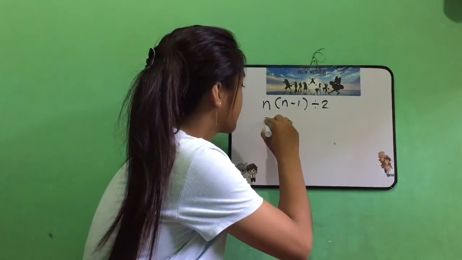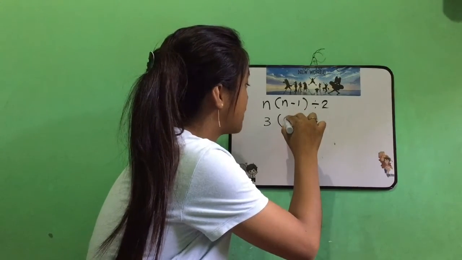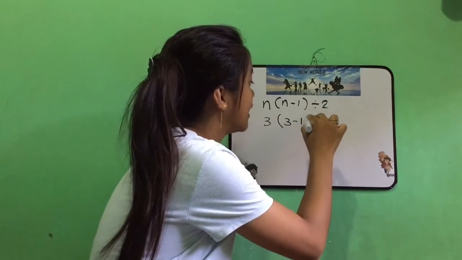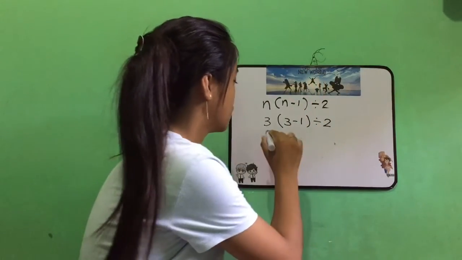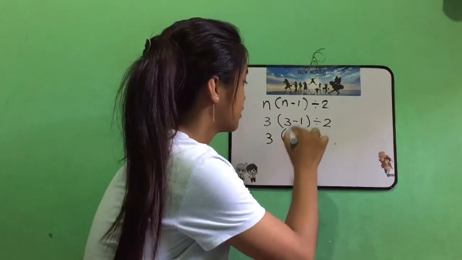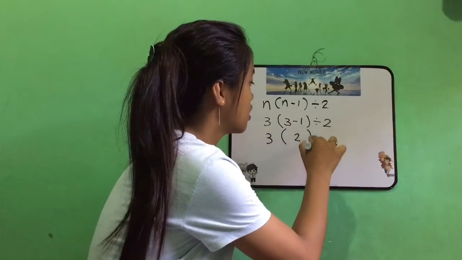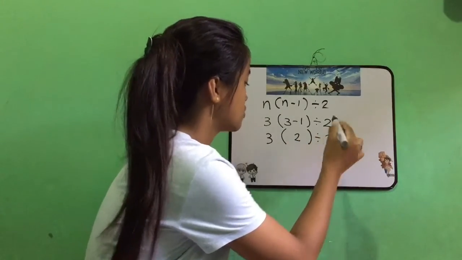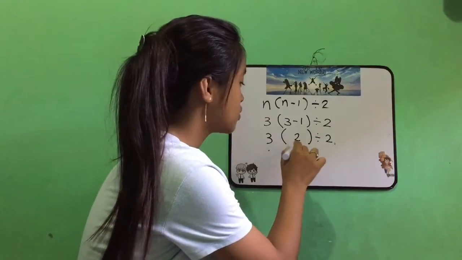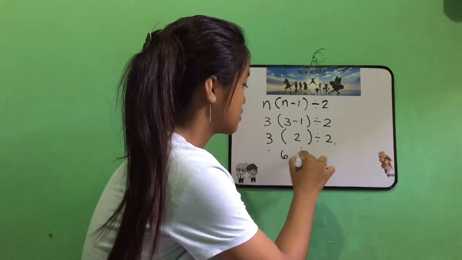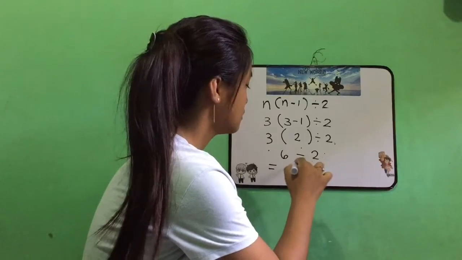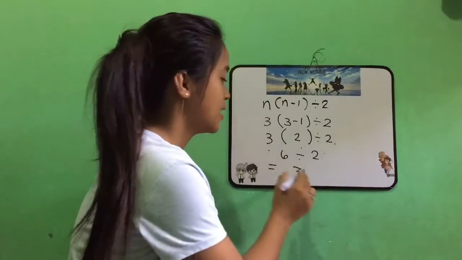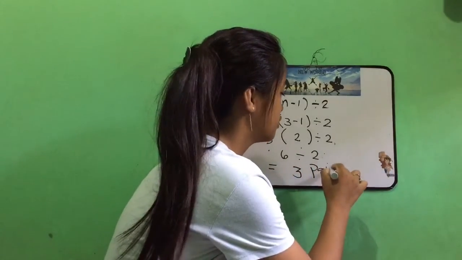So, 3 multiplied by 3 minus 1 divided by 2. Bring down 3. 3 minus 1 equals 2 divided by 2. So, 3 times 2 equals 6, divided by 2 is equal to 3.